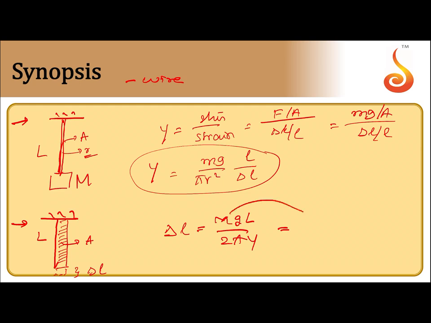Many times this equation is also written like this. Mass can be written as density into volume. So, density into volume, that is AL, and this is L, and g is there of course, divided by 2AY. So, notice that this eventually becomes rho g L square divided by 2Y.